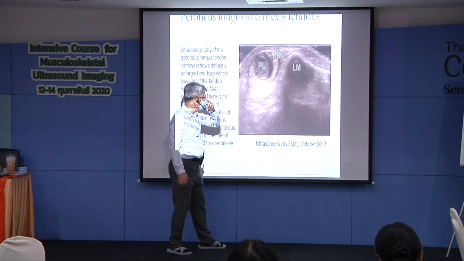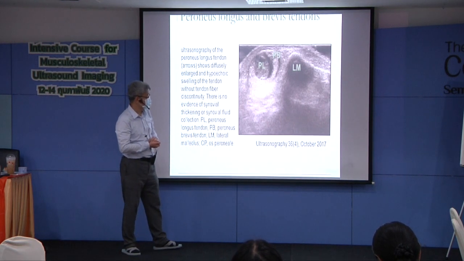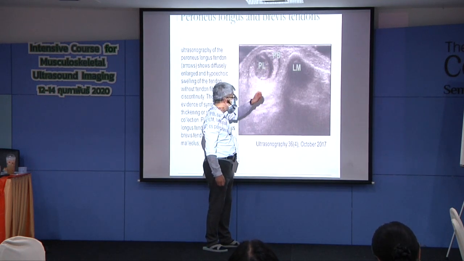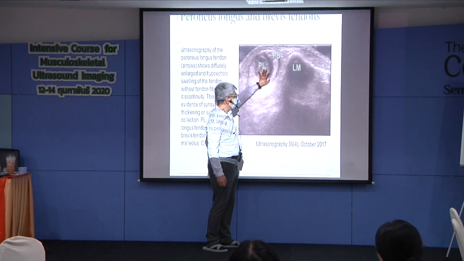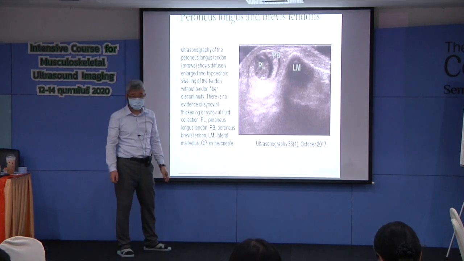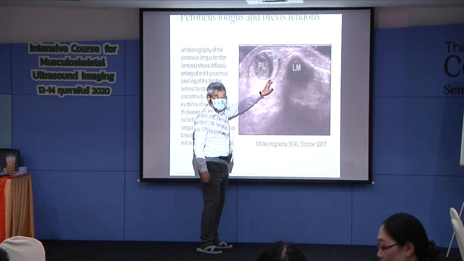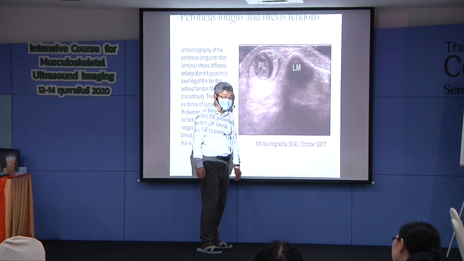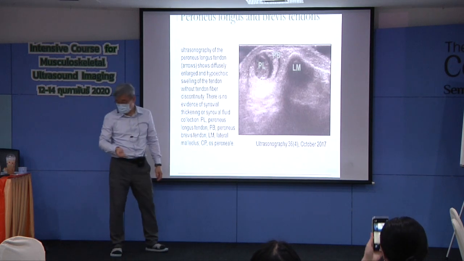So if someone shows you an image of peroneus longus and brevis with the new moon shape of the brevis, you know this ultrasound image is taken very close to the malleolus level. If no brevis can be observed, the image was probably taken above the malleolus level.